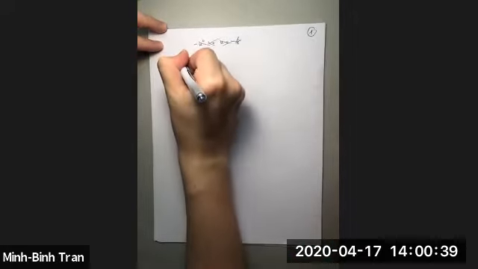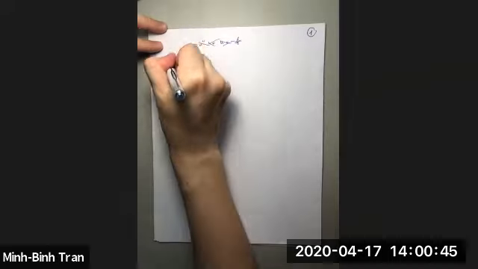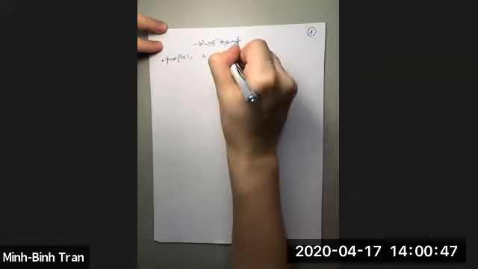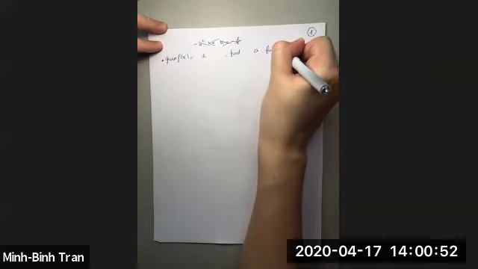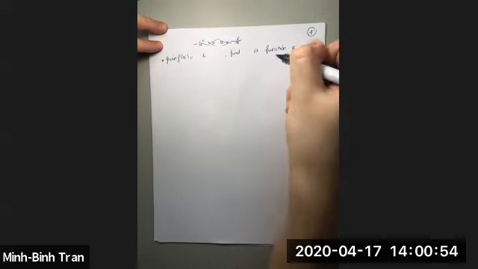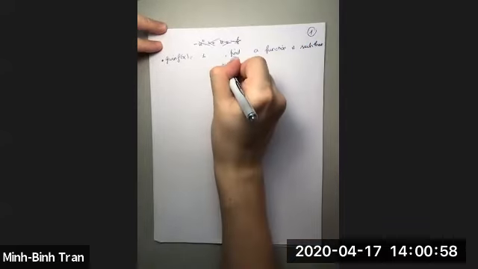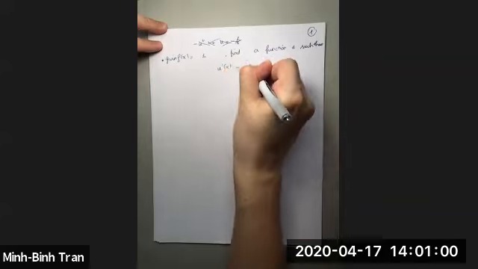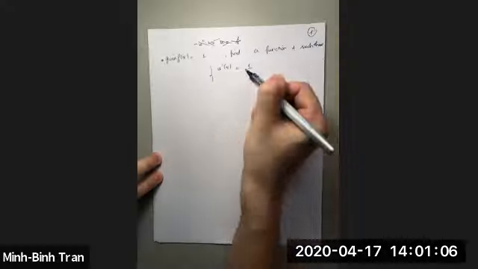Now if I give you a function f(x) which is 1, and I ask you to find a function u such that u prime of x is equal to 1, and then you put a boundary condition, right?